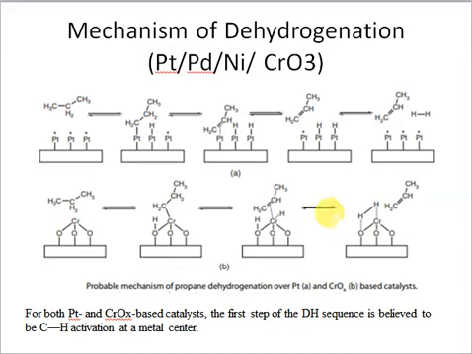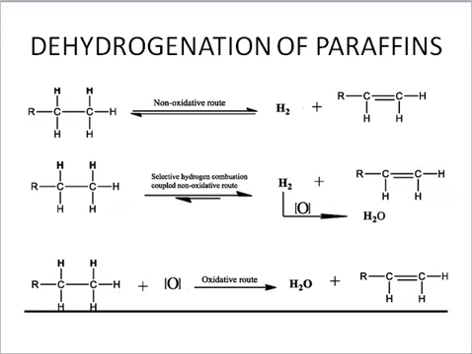That's the difference. In the case of palladium, the hydrogen is eliminated and lost, while in the case of chromium oxide as a catalyst, the hydrogens remain bonded to chromium. They are not lost as hydrogen gas.